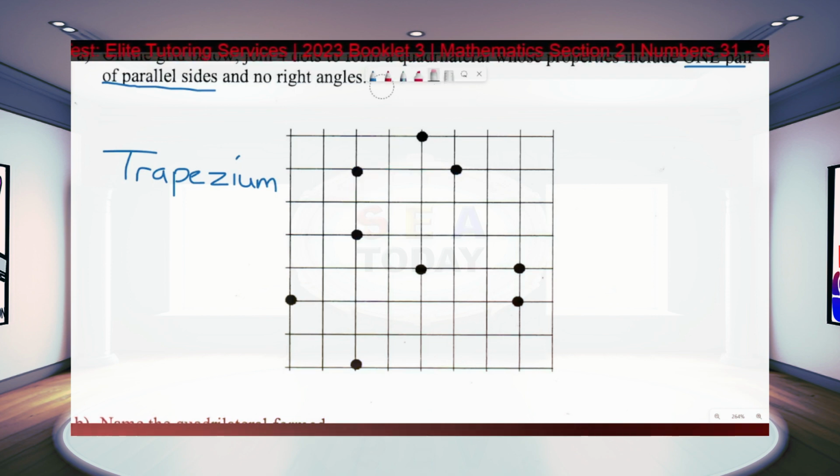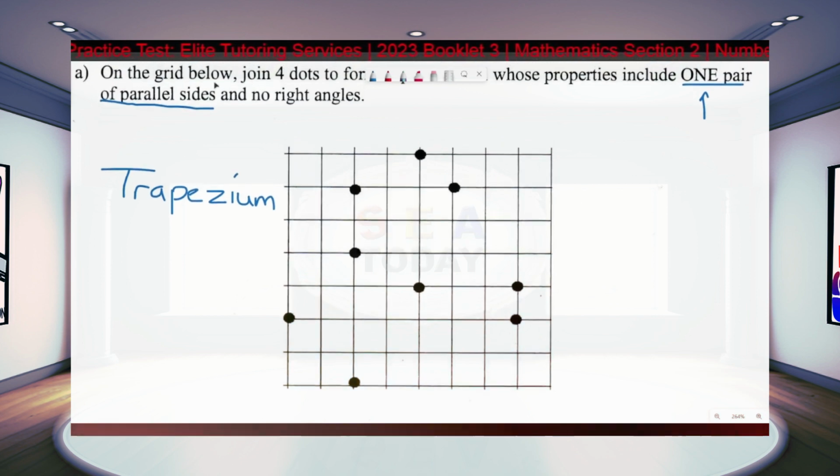So what we're going to do is try and find the 1 pair of parallel sides. As the question told us, it has 1 pair of parallel sides as the main point. So let's find dots that could create a pair of parallel sides. Alright, so we can get that here.